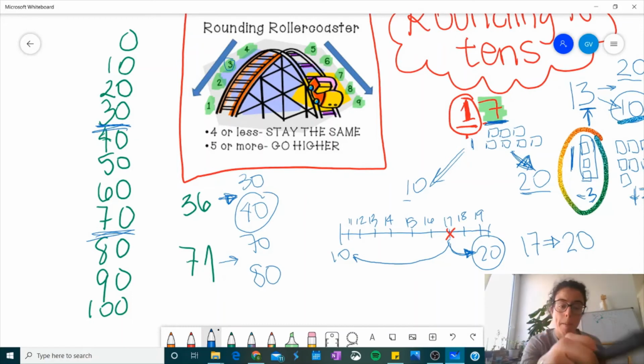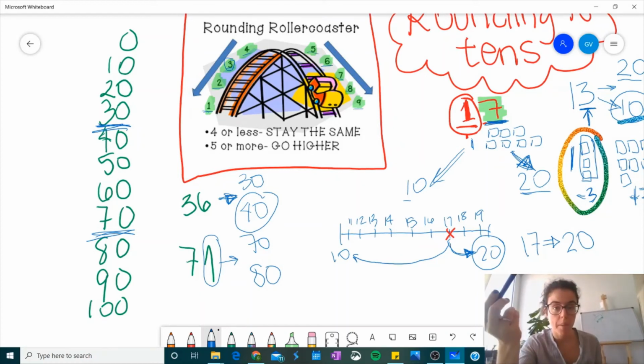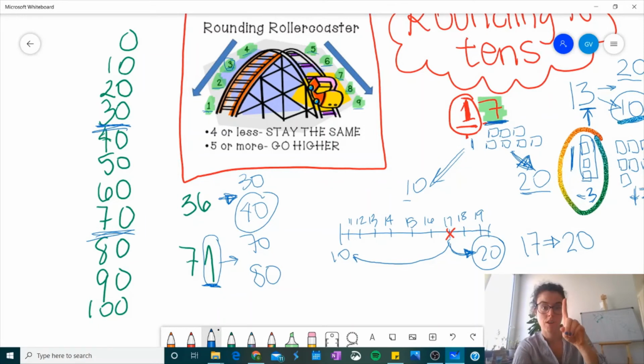If you're confused, remember our roller coaster. So if the number in the 1 spot is a 1, 2, 3, or 4, we go down. But if it's a 5, 6, 7, 8, or 9, we go up. So this number in the ones category in 71 is a 1. That means we go down to 70.